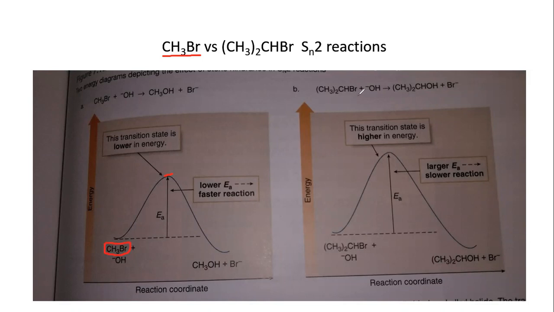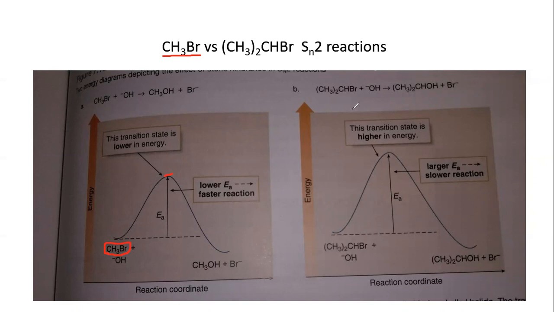Now with the dimethyl bromide, we have some bulkiness in that alkyl halide, so it's a little bit harder for the nucleophile to attack from the backside. So since it's a little bit harder, it has a higher activation energy, which leads to a slower reaction.